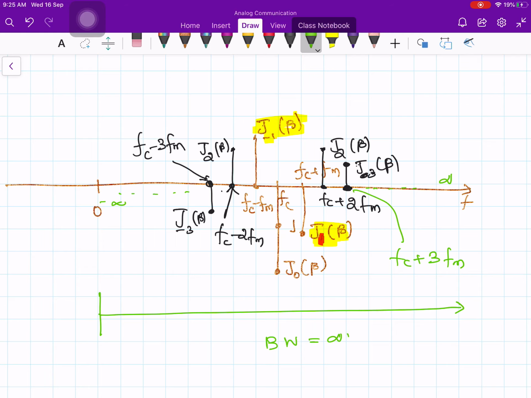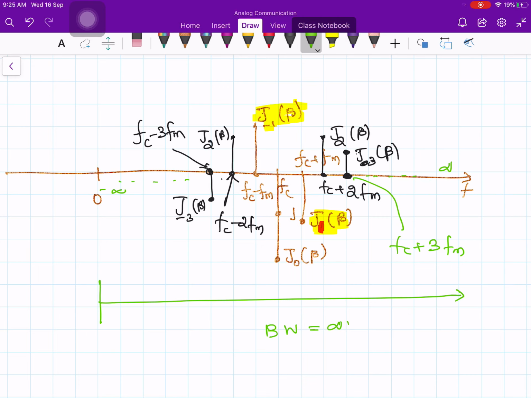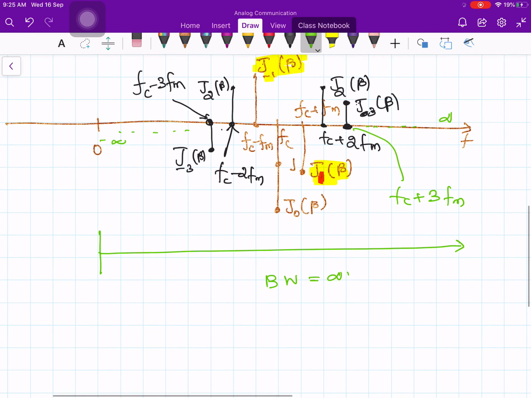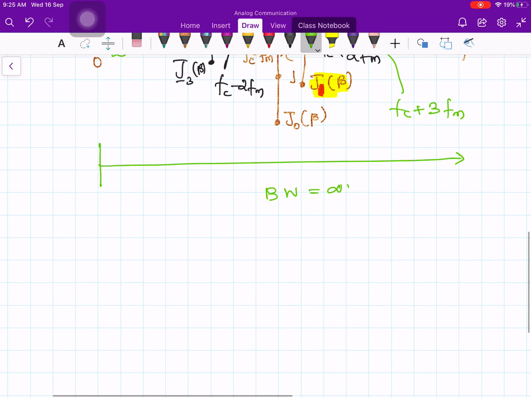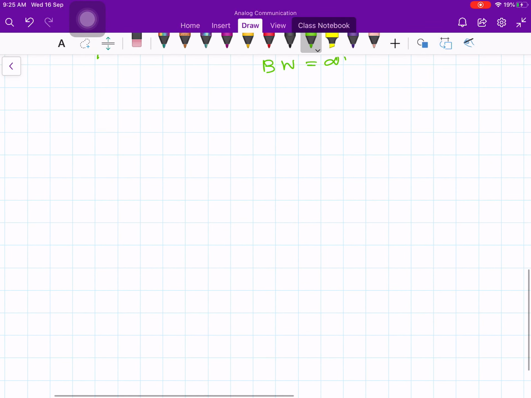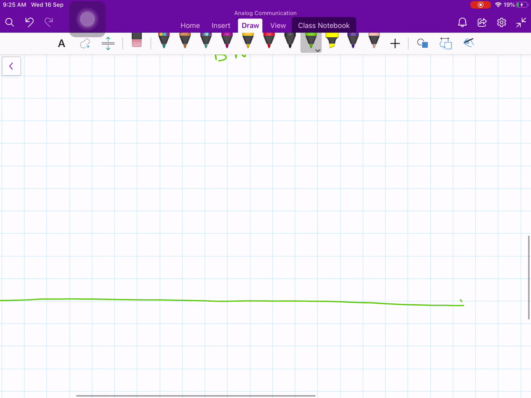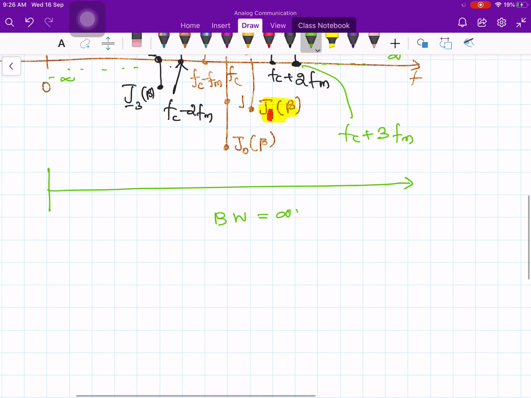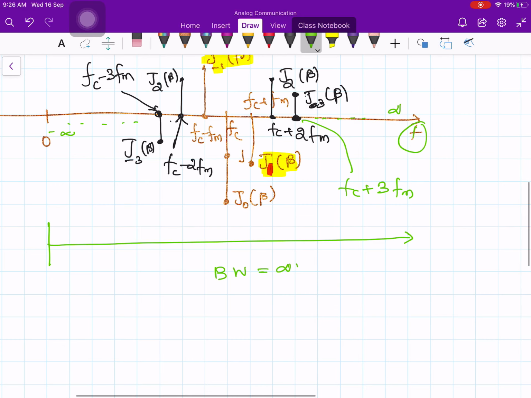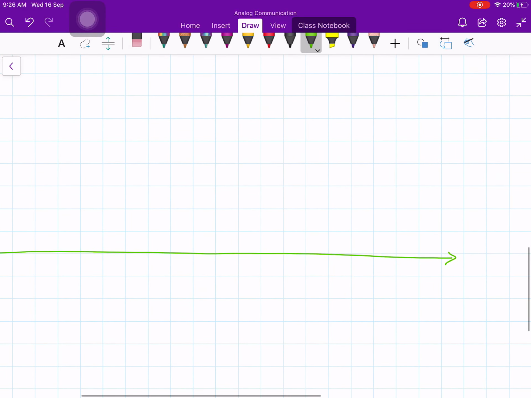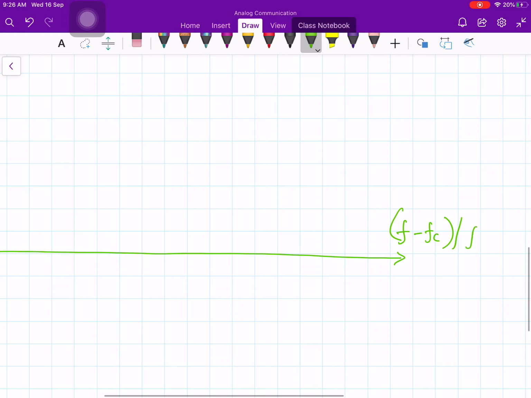Now what I am going to do is, instead of plotting in the normal frequency axis, let me normalize the frequency axis. Let me draw the frequency axis again like this. Now my axis is not f; here I am going to subtract the carrier frequency, so it is (f − f_c)/f_m. That means I am normalizing the frequency axis.